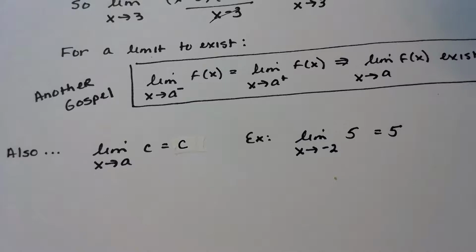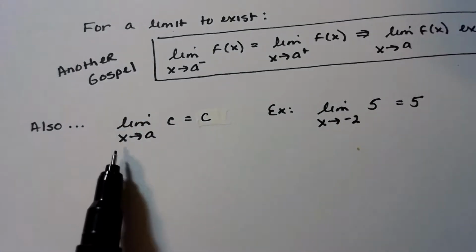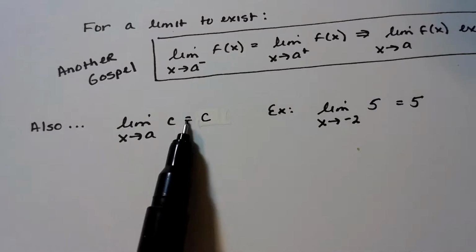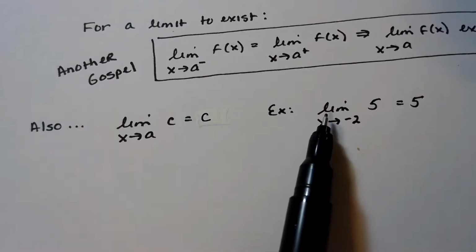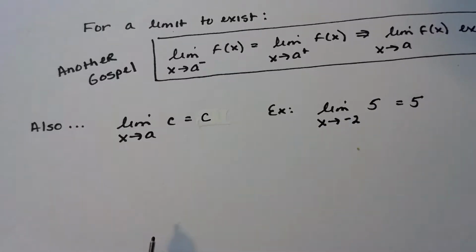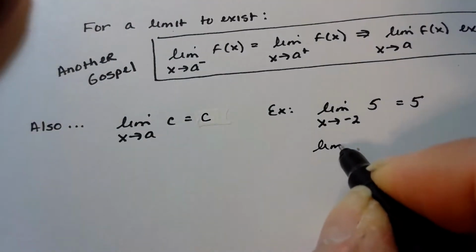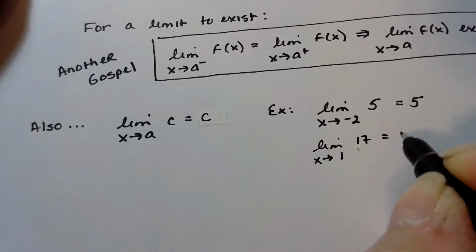The other thing that I did not mention in class, so this is important, is that the limit as x approaches any number of a number is the number itself. So an example, the limit as x approaches -2 of 5 is 5. Okay? The limit as x approaches 1 of 17 is 17.